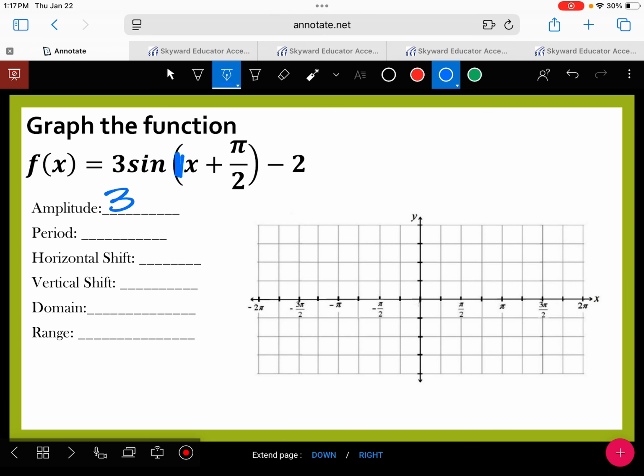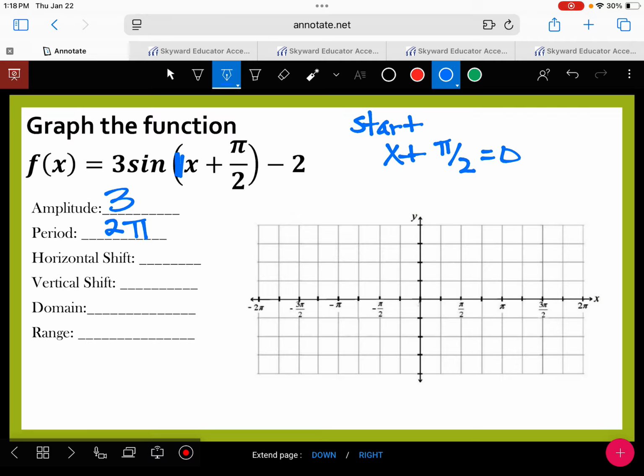And what is 2 pi divided by 1? 2 pi. Now we do have a shift because we have a parentheses. To find our start, because we're not going to start at 0 this time, take your parentheses, set it equal to 0, and solve it.